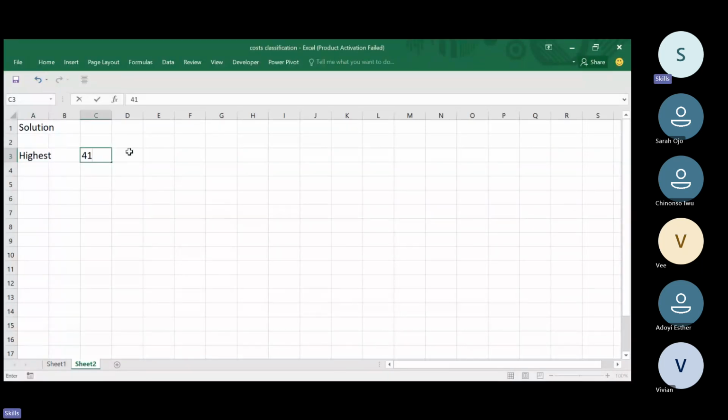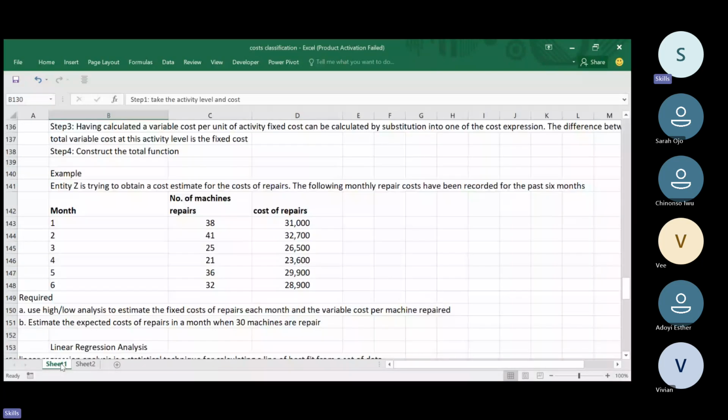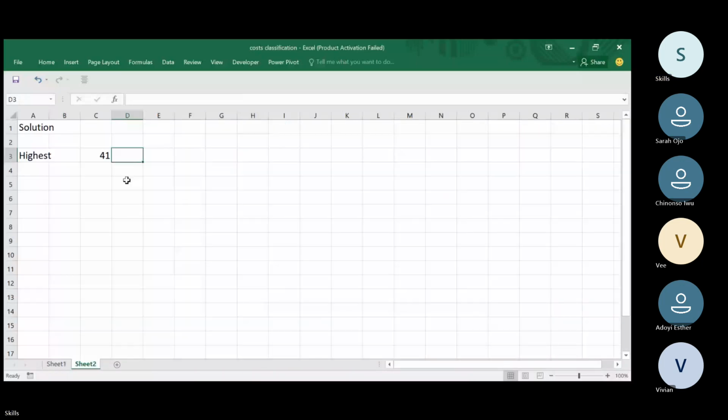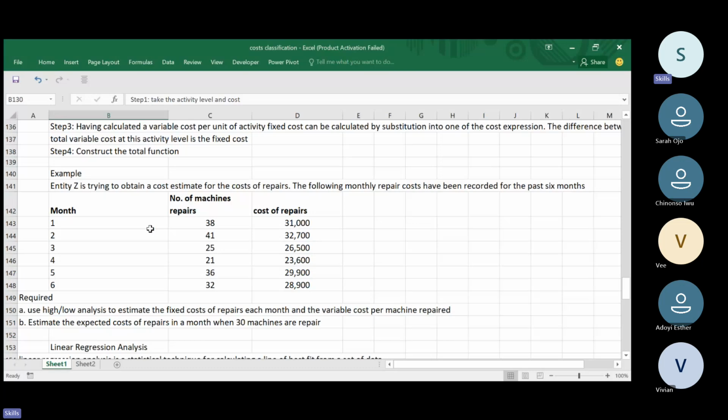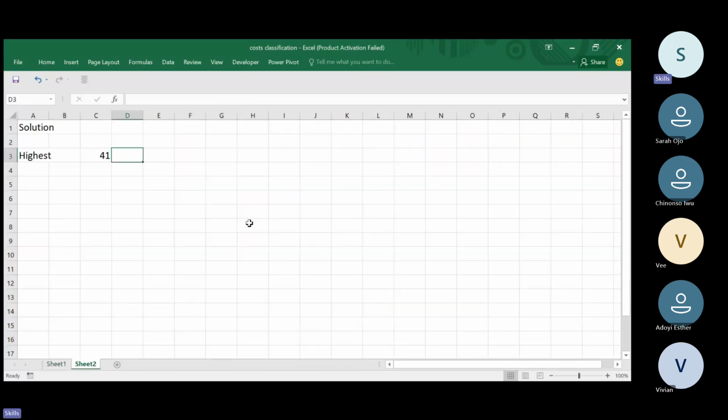And then we also have the cost. For the 41, the cost is 32,700. So we have it there: 41, 32,700.